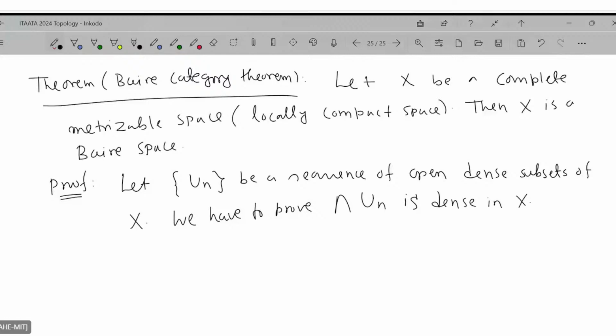How do we prove density in X? If we can show that whatever non-empty open set we have, if we intersect with this, then we are done.